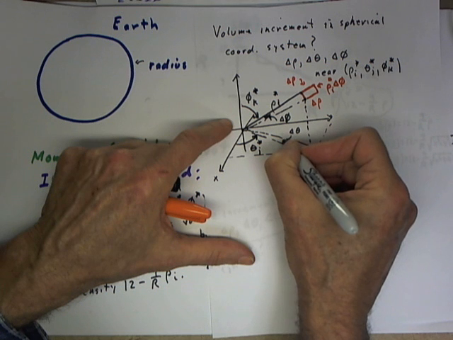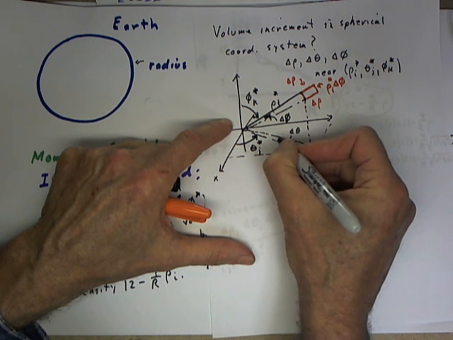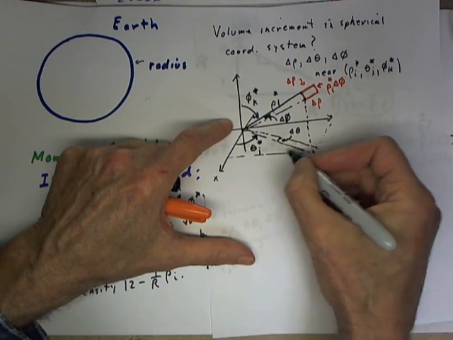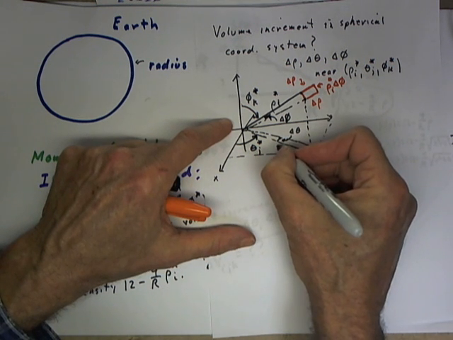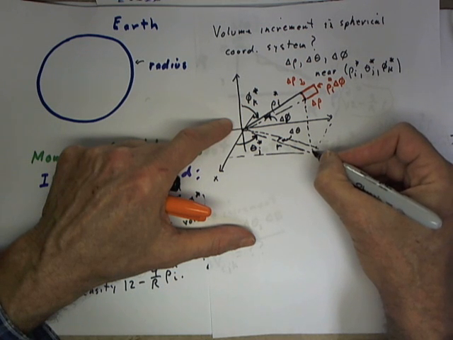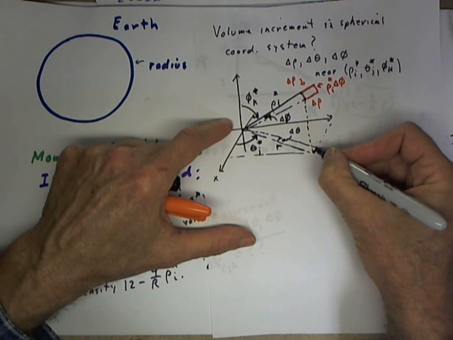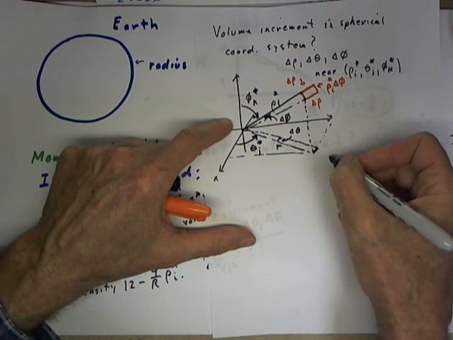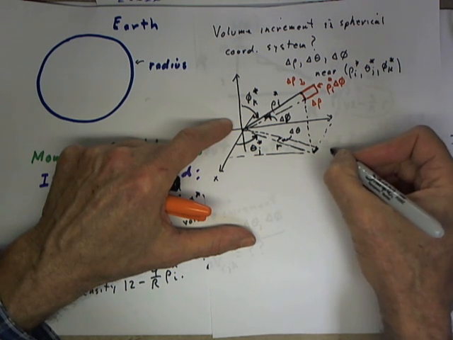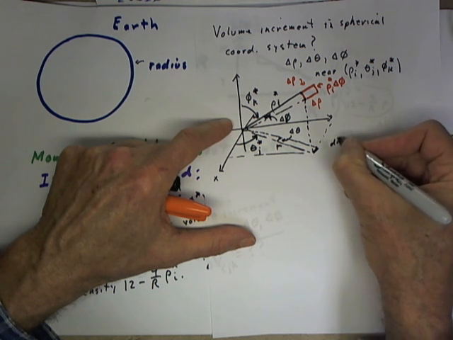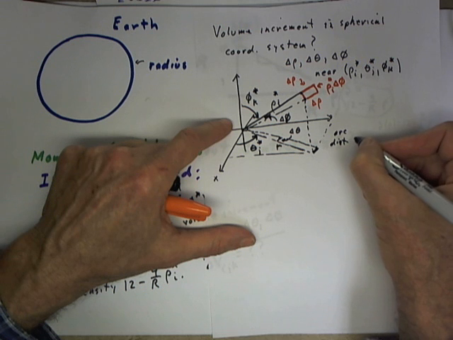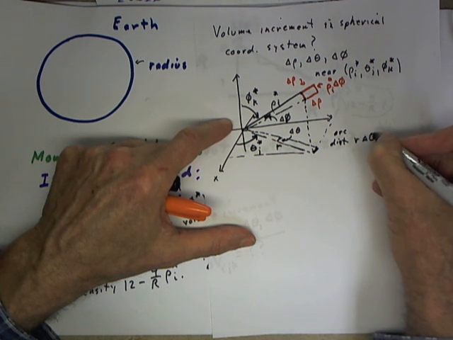So we have an angle delta theta in here. As we know, if this distance here is regarded to be r, this results in an arc distance out here along a circle of radius r that's equal to r delta theta.